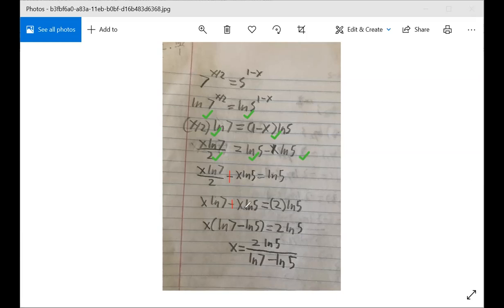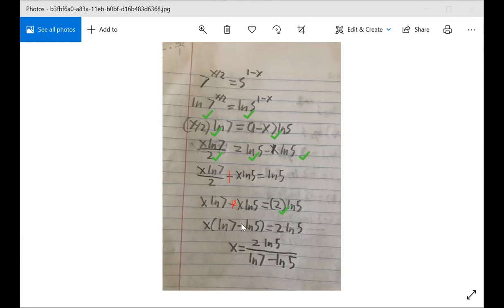But he missed the 2 over here. You see that? If you multiply by 2, you multiply by 2 on this term, you also need to multiply by 2 on this term and that term. You multiply by 2 on this side. That's okay. But this 2 is missing, it should be plus 2. Okay? You see that?